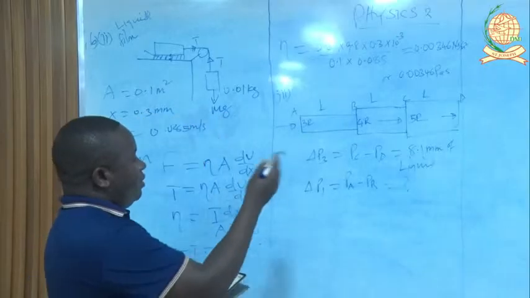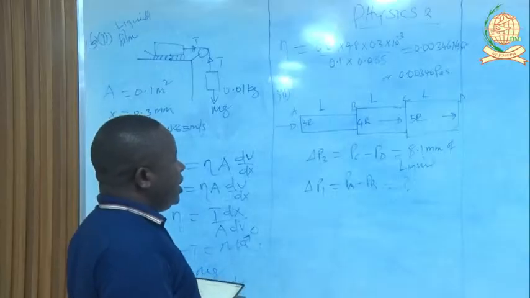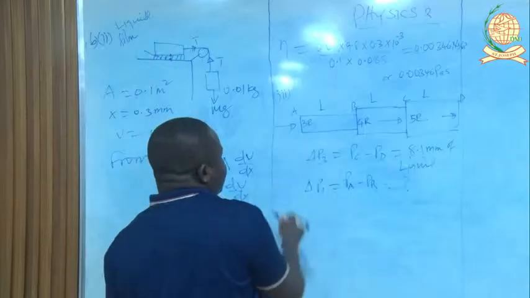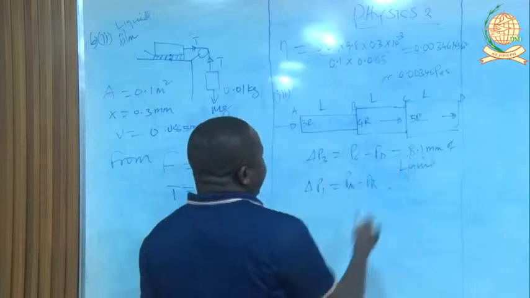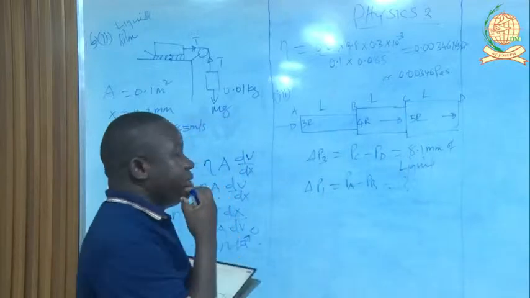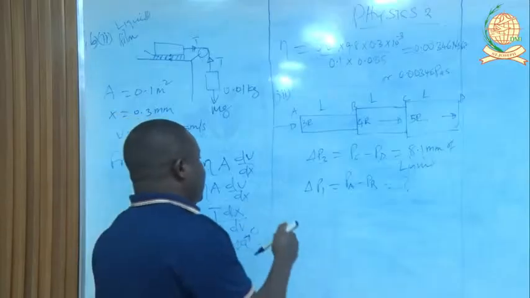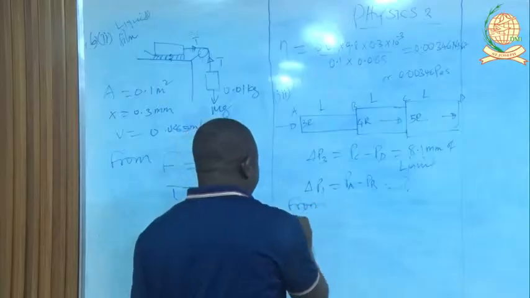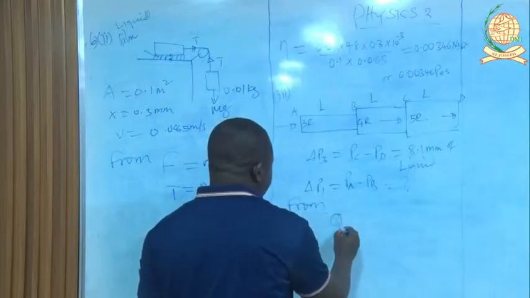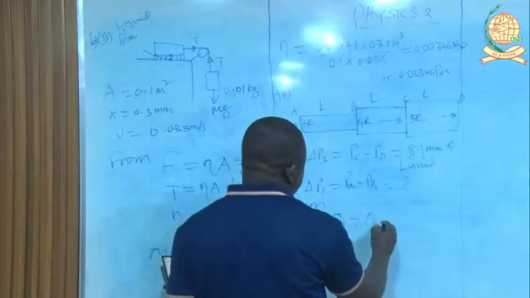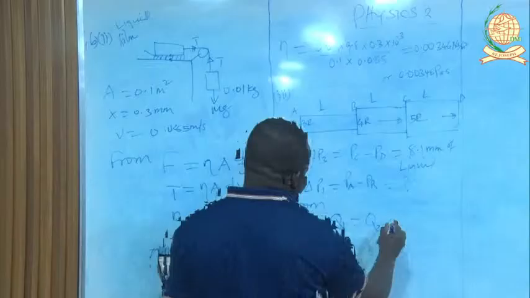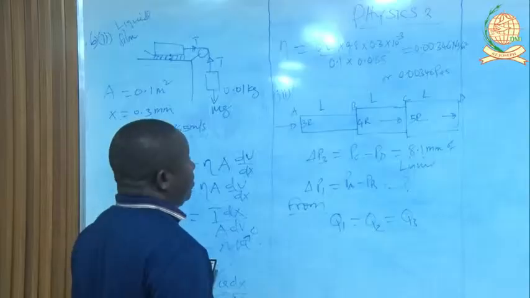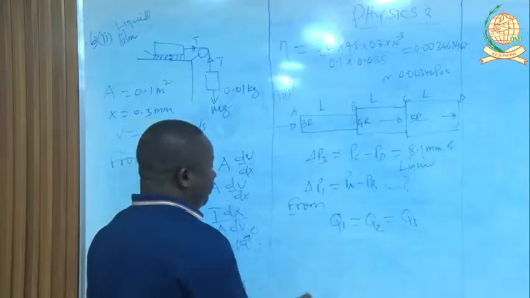The property for streamline flow: the rate of fluid flow in the first capillary is the same as the rate of fluid flow in the second as well as the third. So Q1 equals Q2 equals Q3, which is the rate of flow or volume per unit time.